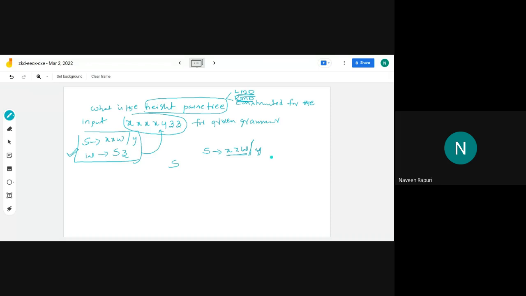What do we have to take? x, x, w, because our string matches with x, x, w. That's why I am considering x, x, w. Here x is a terminal. Coming to W, it is generating S, z. So I am writing S small z.